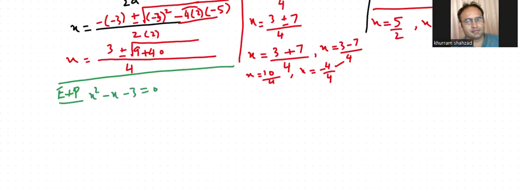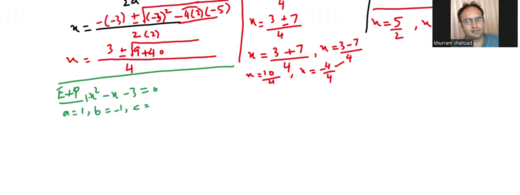So how can we solve this? What is the coefficient of x square? If nothing is written as the coefficient of x square, then it is 1. A is actually equal to 1, and B, what is the coefficient of x? This is negative 1 again, and the constant term without x, this is C, which is negative 3.